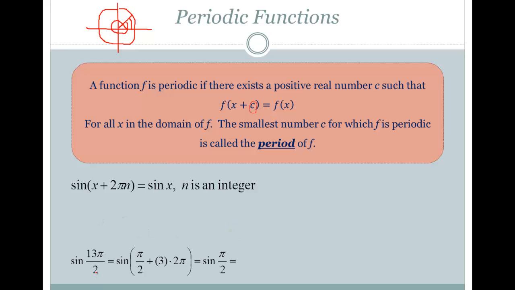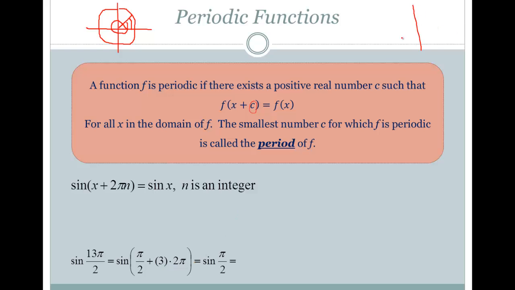Let's do another one. Let's look at 13 pi over 2. Again, it's going to take some time to understand and get the hang of this. Well, let's look at this. I can rewrite 13 pi over 2 as pi over 2 plus 3 times 2 pi.